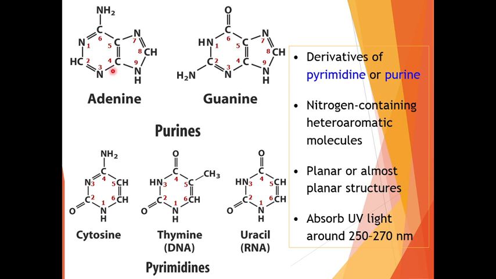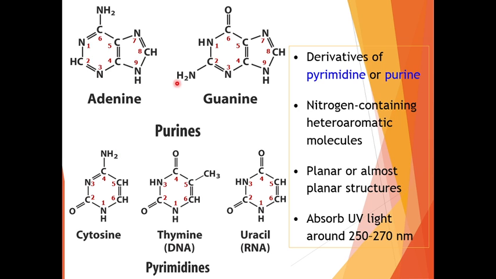Now, if you look at the structural differences, you see that adenine and guanine have 5 nitrogens, 1, 2, 3, 4, 5. And adenine has 1, 2, 3, 4, 5. Purines, especially thymine and uracil, have 2 nitrogens, whereas cytosine has 3 nitrogens.